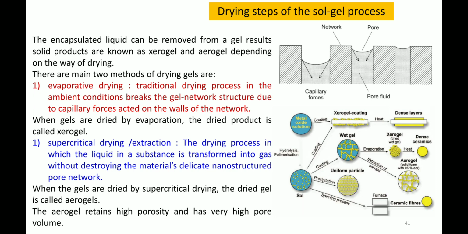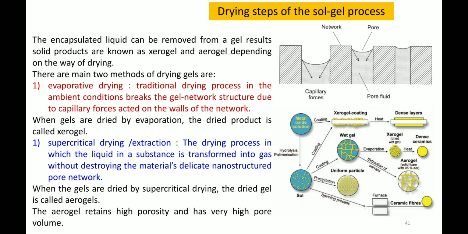The second way is to convert it into the wet gel. The third way is you can immediately form uniform particles by the process of precipitation, and the fourth way is you can use a spinning process, electrospinning, so that you get the product in the form of fibers.